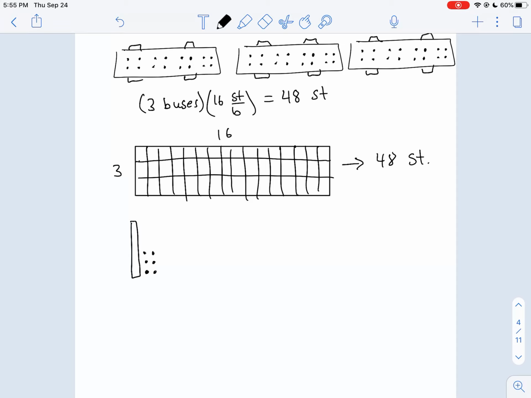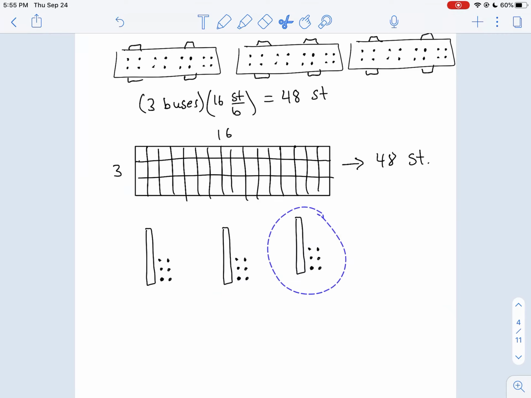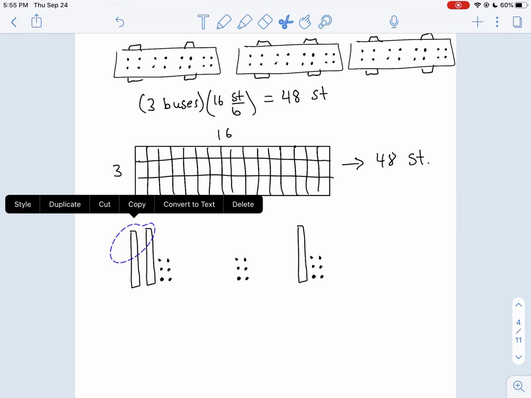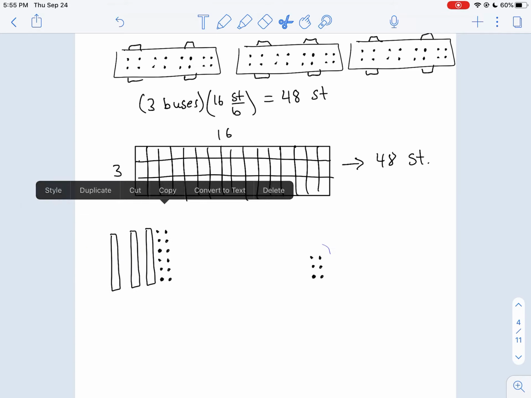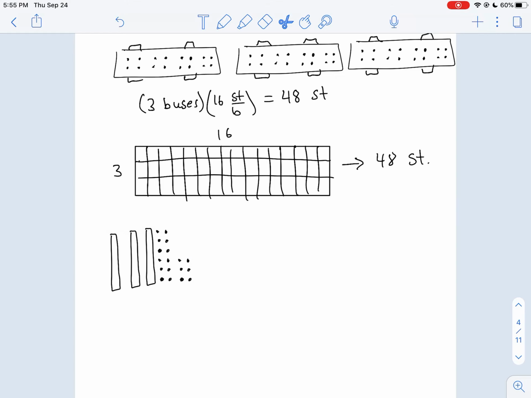So here's one way you might arrive at the 48 initially, other than just counting them out in a grid. And I'm going to do 3 copies of this because we have 3 buses. And then just push all this together. Right? So initially we have this going on.